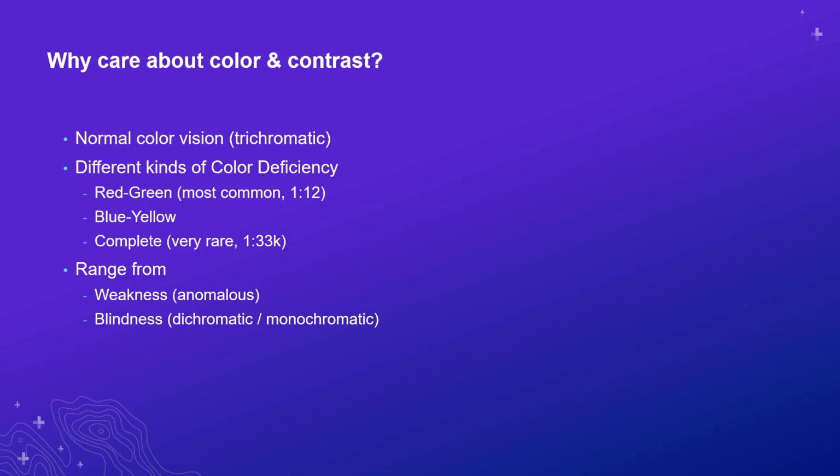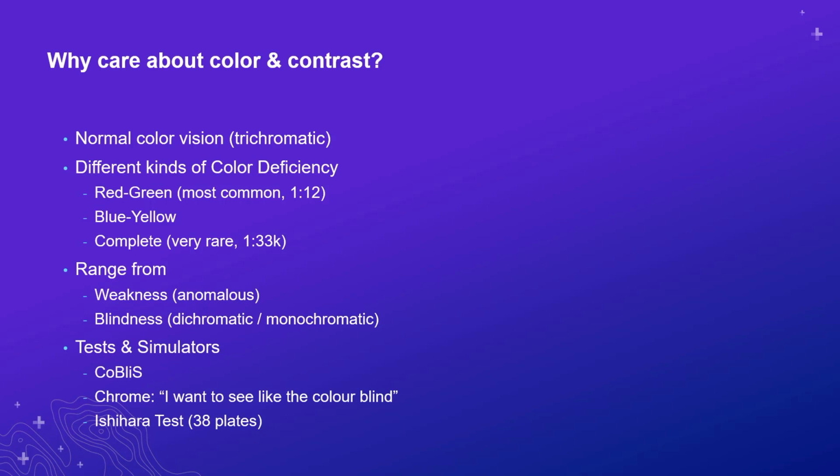So those color deficiencies have a different range. Color deficiencies can be diagnosed through eye examinations, and sometimes you can even use simulators. I, for example, like in particular the Chrome extension. I want to see like the color blind, and I'm going to show that to you in a bit.